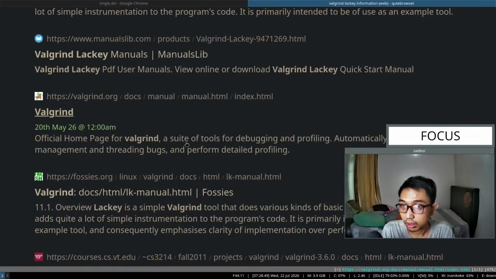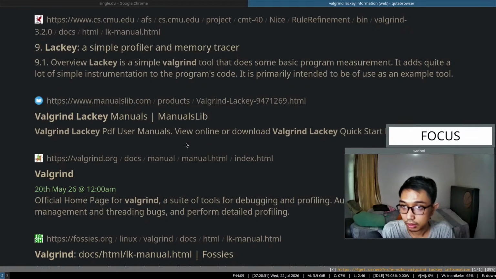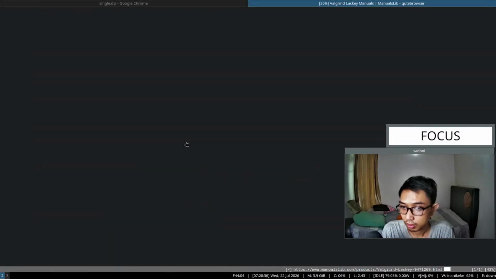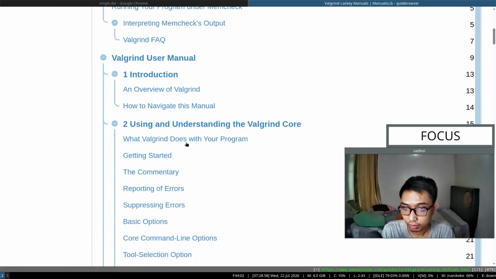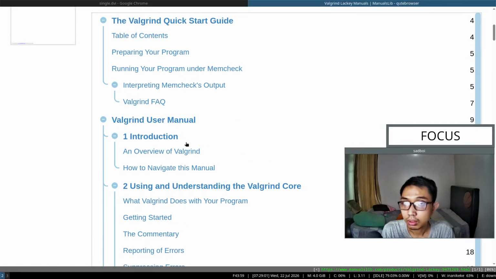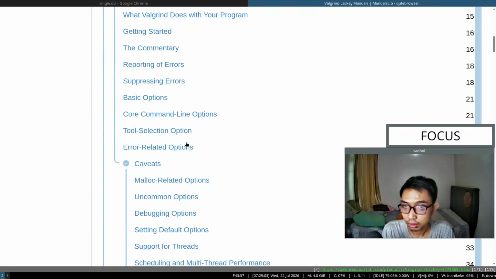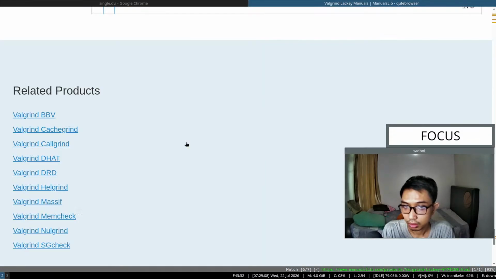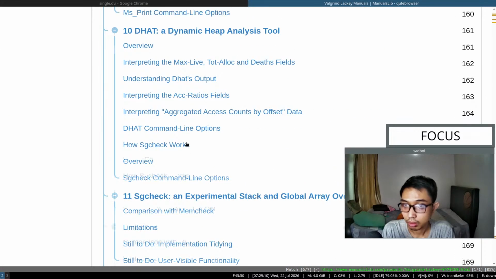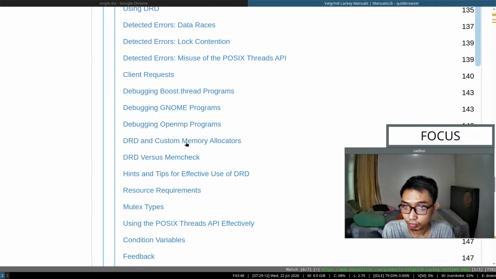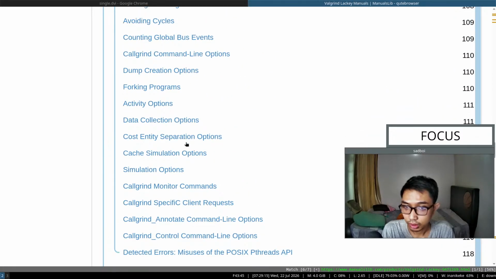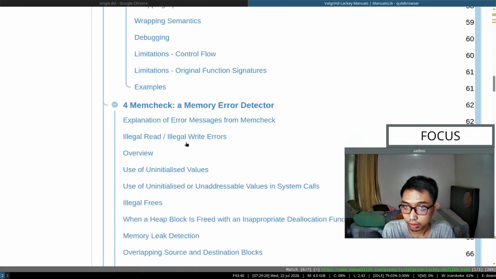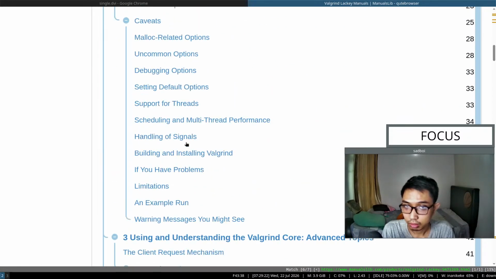Okay, maybe we cannot access that. Okay, let me check this Memcheck.